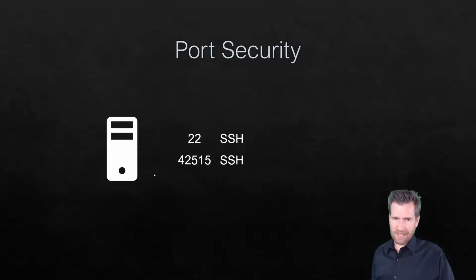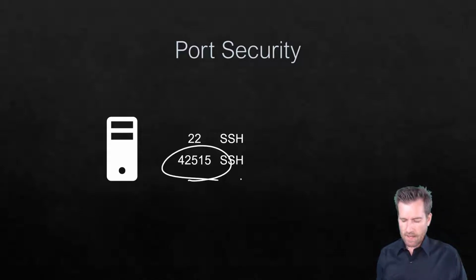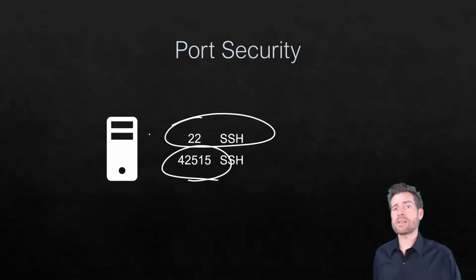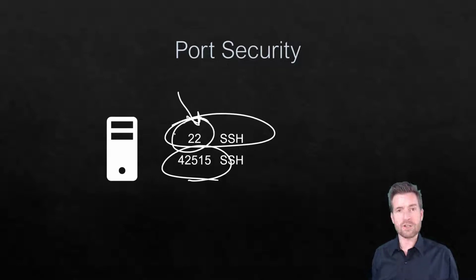Now, the disadvantage if we're using non-standard ports, let's say now we're using 42,500. Well, let's go back to port 22. If we're using a program to SSH into port 22, and that SSH program, let's say we're using PuTTY, in order to connect into a box, that program, you don't need to specify that it's port 22.